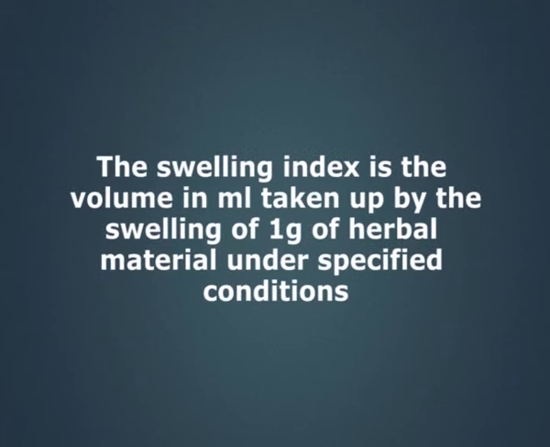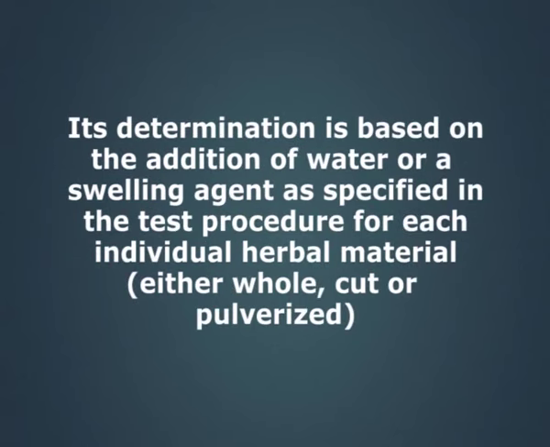The swelling index is the volume in milliliters taken up by the swelling of 1 gram of herbal material under specified conditions. Its determination is based on the addition of water or a swelling agent as specified in the test procedure for each individual herbal material, either whole, cut, or pulverized.